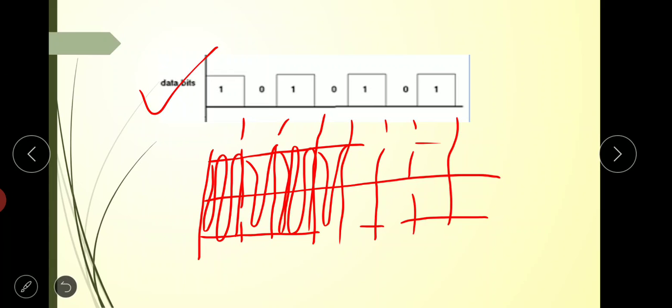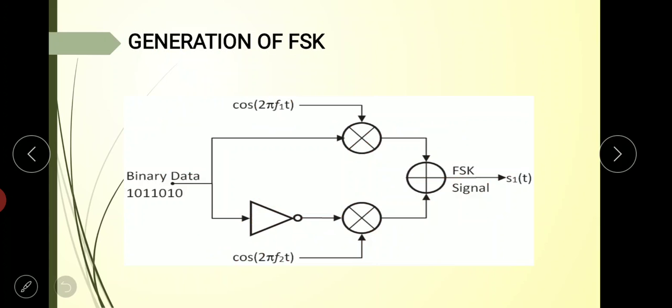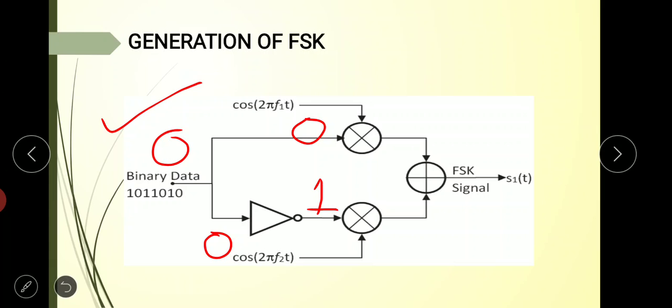Next one is the generation of FSK. In this diagram, when we give 0 at the input, then 0 is given to the multiplier, but the 0 is also given to the inverter circuit. So at the output of the inverter we get 1. As we discussed earlier, two carrier signals are used.